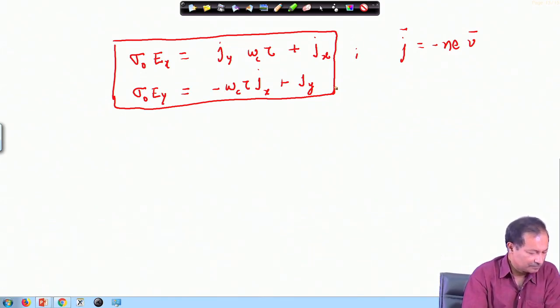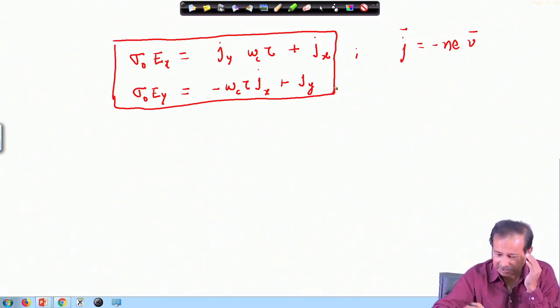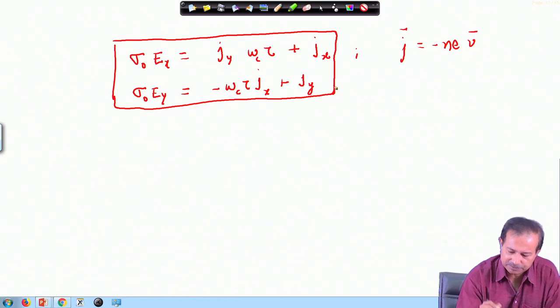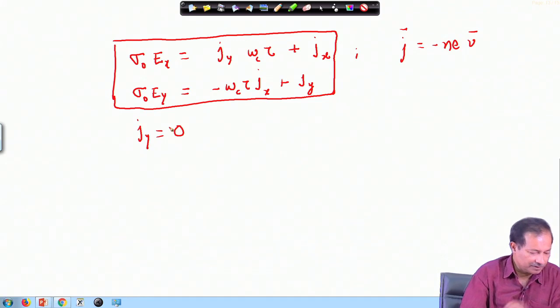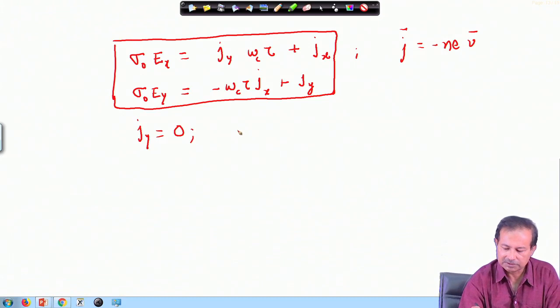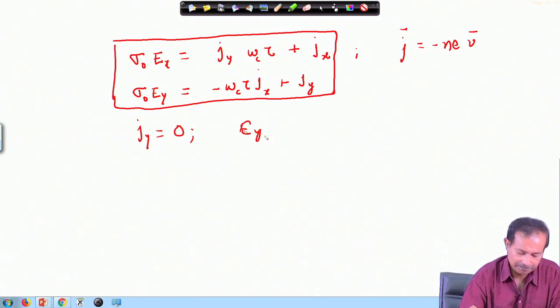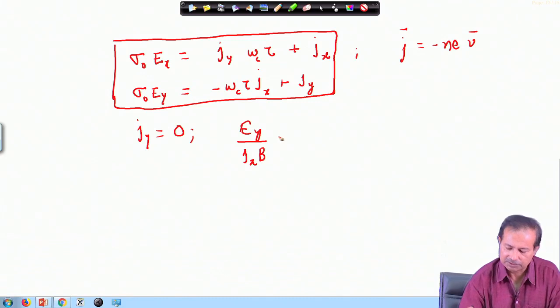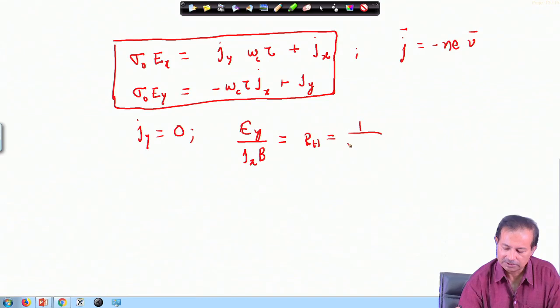So, no more current is flowing in the y direction. So, that gives me j_y equal to 0, and if I do that, then E_y from this equation, let me just write the full thing, E_y by j_x into B. You can calculate this; R_H will turn out to be 1 by n e c with a minus sign.